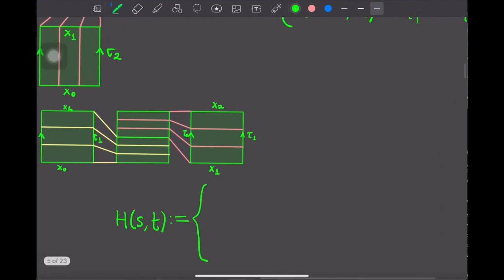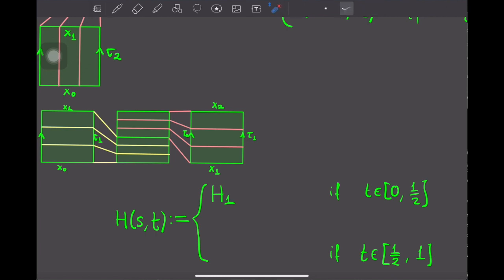And here now, of course, the consideration is the height, right? So it's H1 if T is in 0, 1/2, and H2 if T is in 1/2, 1. With this one I have to multiply height by 2, right? And then the S is okay. So H1 of S, 2T.